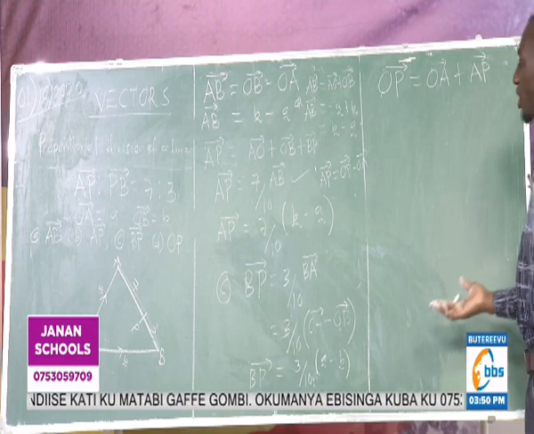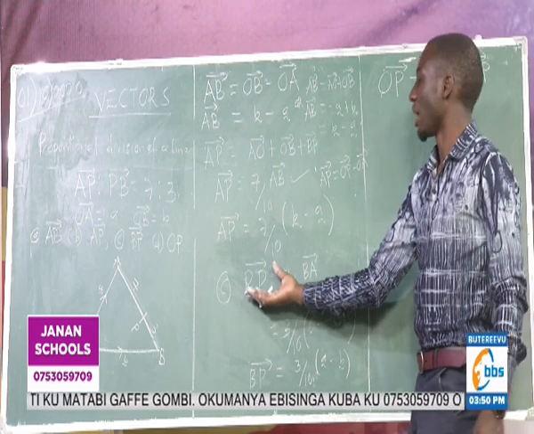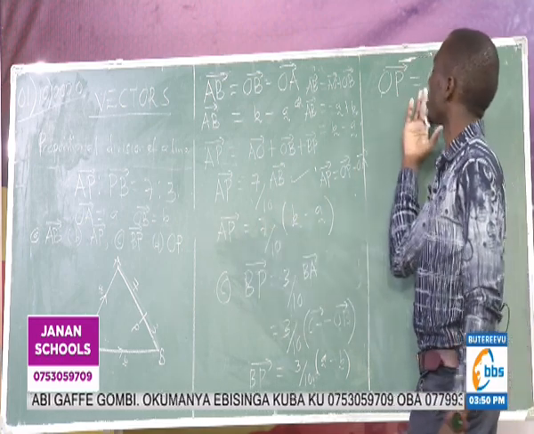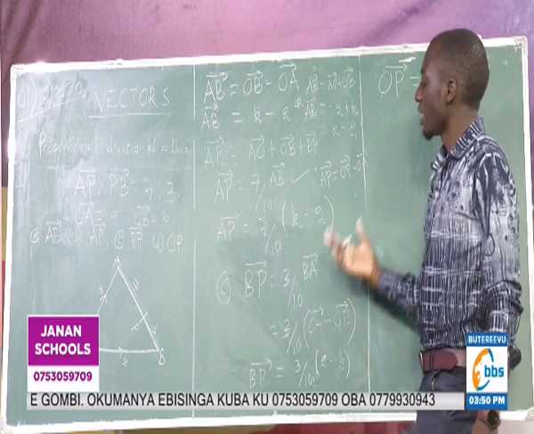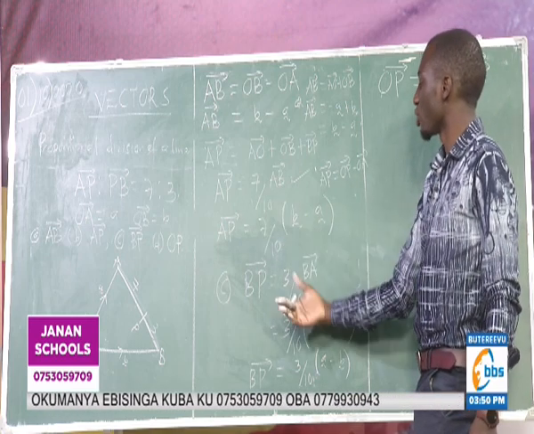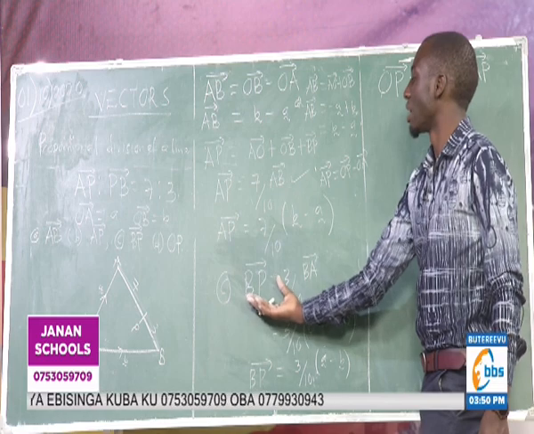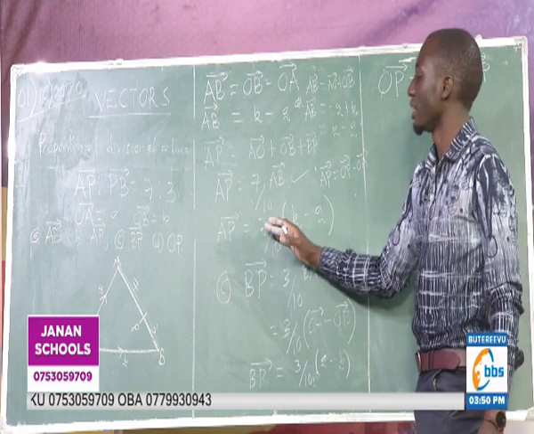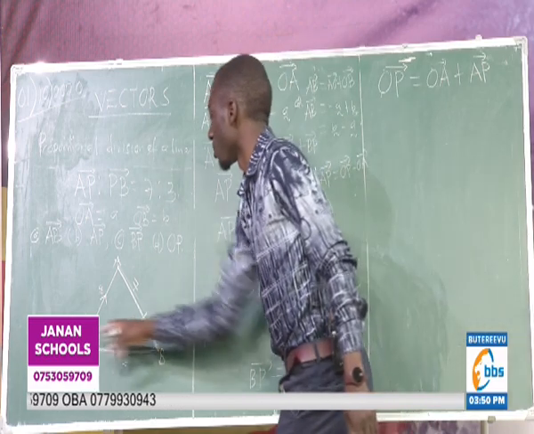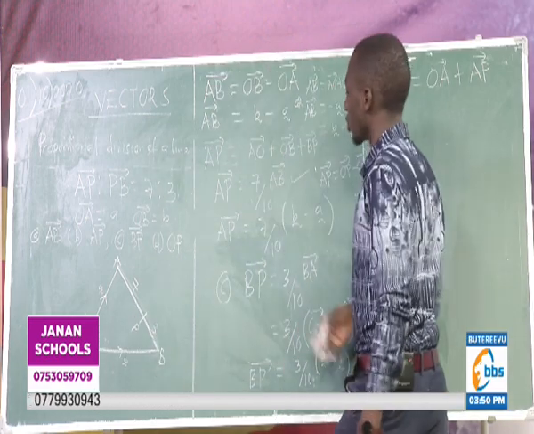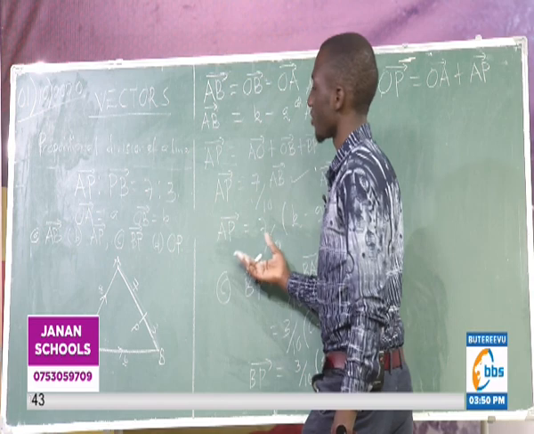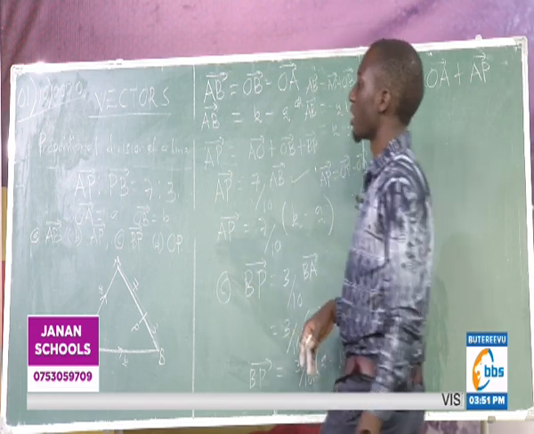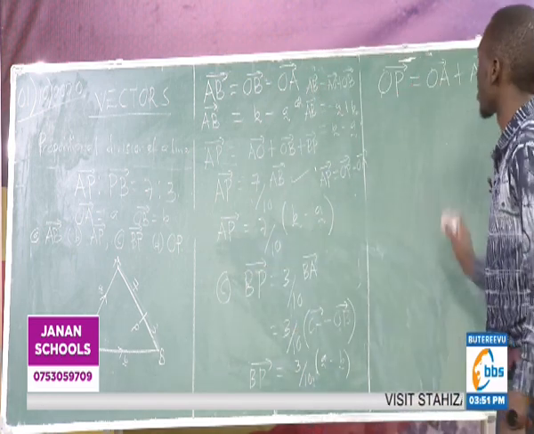For example, if I didn't have BP and I had AP, then this would be the best. But if in some of the parts they told me to get BP and I don't have AP anywhere in the answers I have, then OB plus BP would be better. But since I have both, then I can use any.